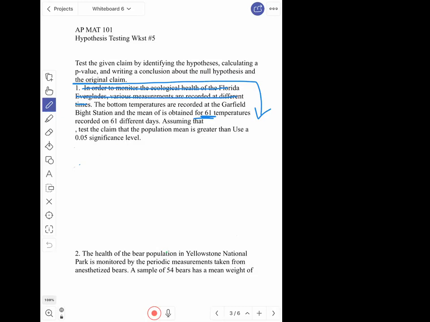It did say that it got 61 temperatures on 61 different days, and that the mean for those 61 temperatures was 30.4. It says that the standard deviation for the population was 1.7 degrees Celsius. And we want to test the claim that the mean is greater than 30.